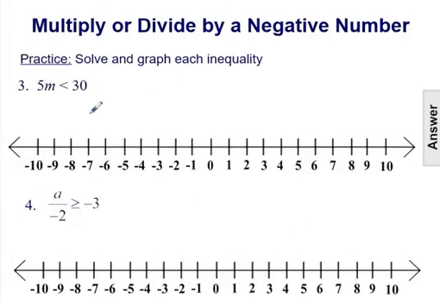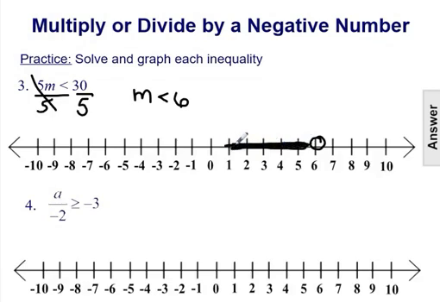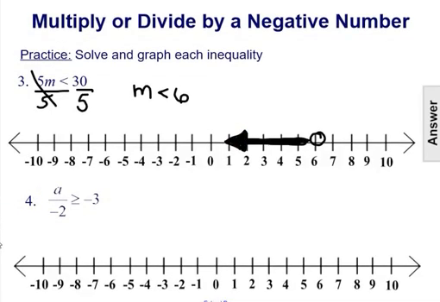Here are two more examples. 5m is less than 30, so we'll divide both sides by 5 to undo multiplying by 5. So m is less than 6, an open circle at 6 with our shading to the left of 6. And we have a over negative 2 is greater than or equal to negative 3.